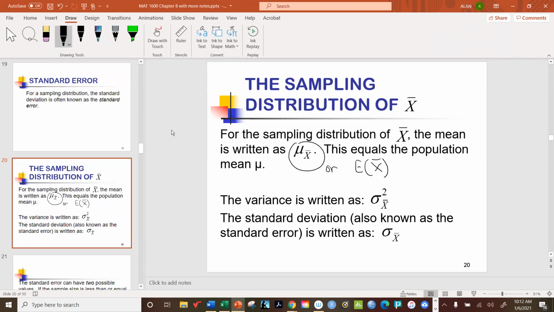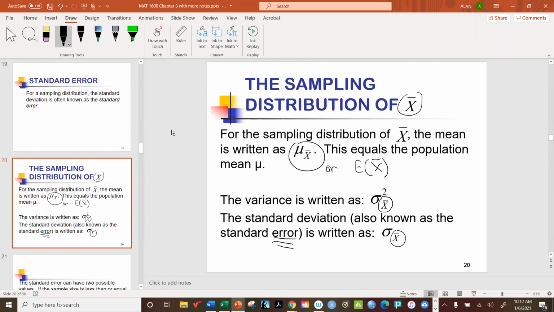They both mean the same thing. Okay, now the variance, we're still using sigma squared, but now we've got this little subscript to remind us that this refers specifically to the sampling distribution of X bar, so that there's no doubt in your mind about what we're being asked to do. And then the standard deviation or standard error is sigma with a subscript of X bar.